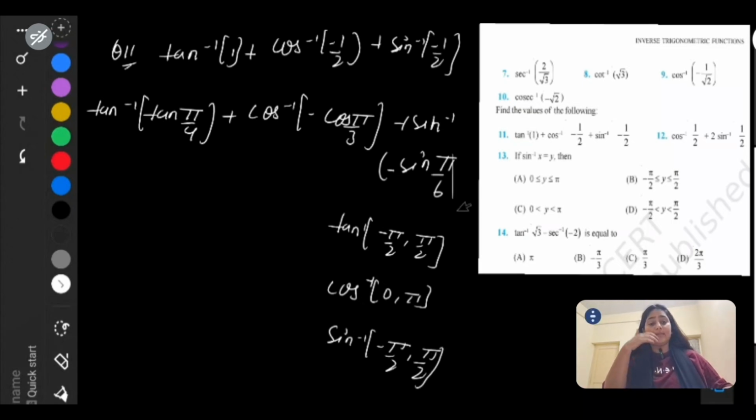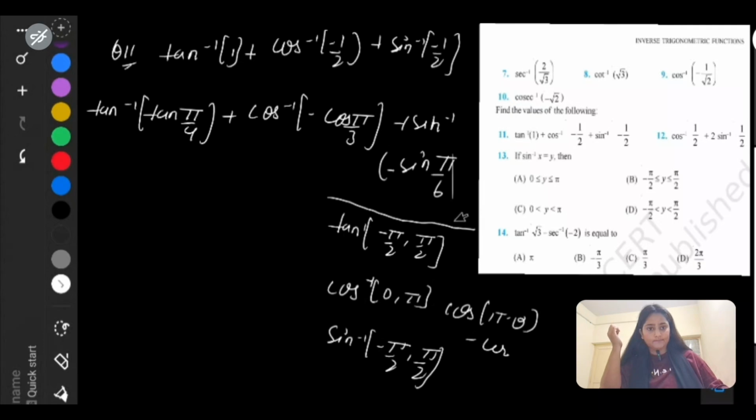And from the earlier question, you also know that sine of minus theta is equal to minus sine theta. And for cos inverse, cos of pi minus theta is equal to minus cos theta. So according to this, we will solve the question. If you want to note down the ranges, you can note them here.